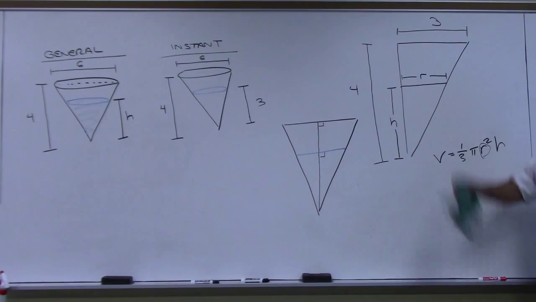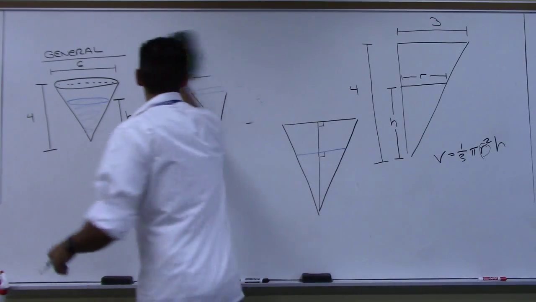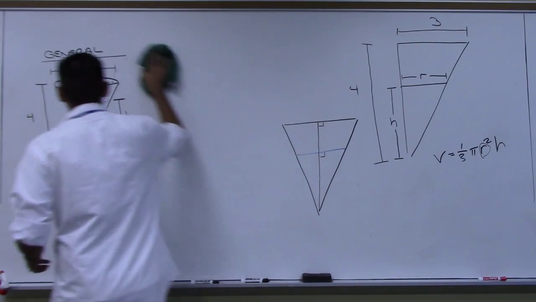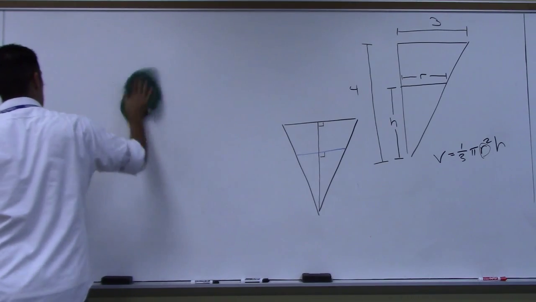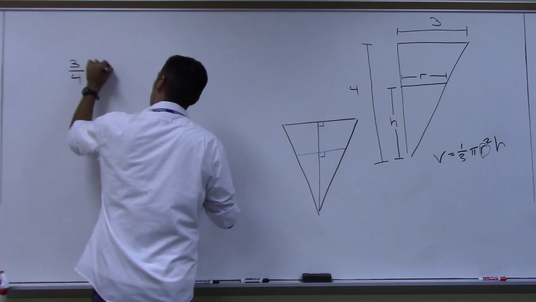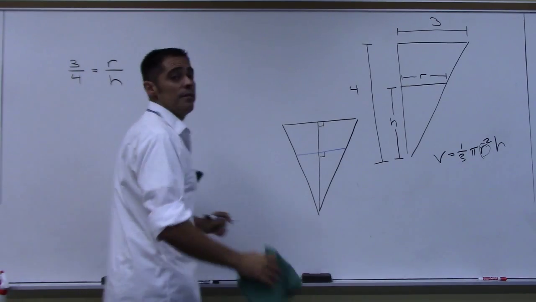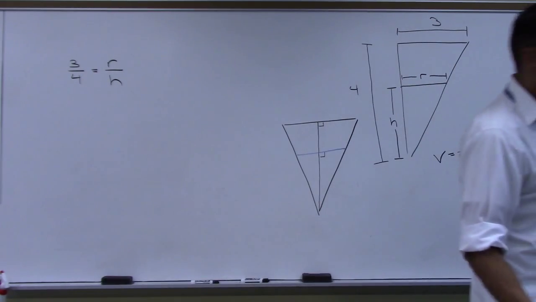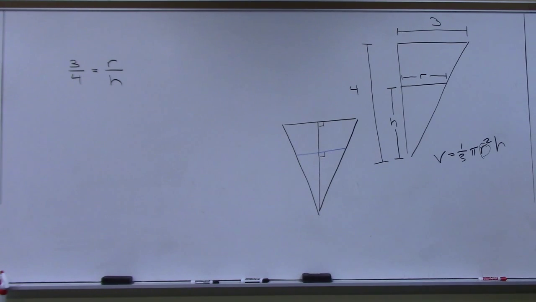So what similar triangle ratio can I set up here? There's a bunch you could use, but what? 3 over 4 equals r over h. Because you haven't taken a derivative. If you haven't taken the derivative and you fix everything, then nothing's moving, and you take the derivative, it's going to be 0.